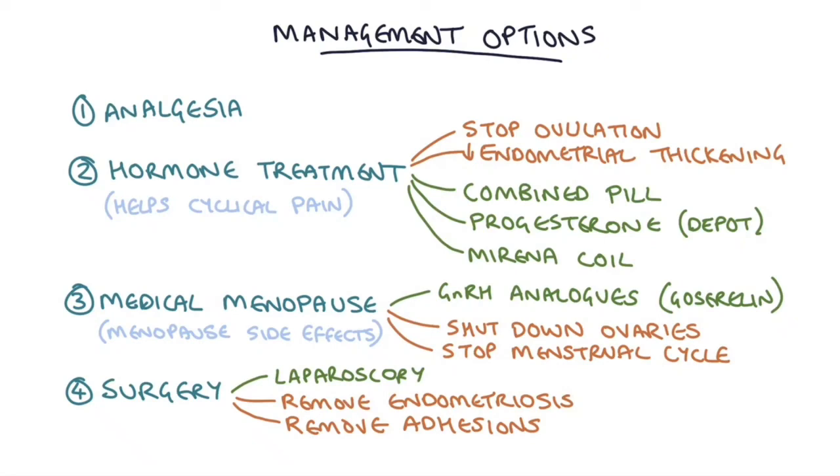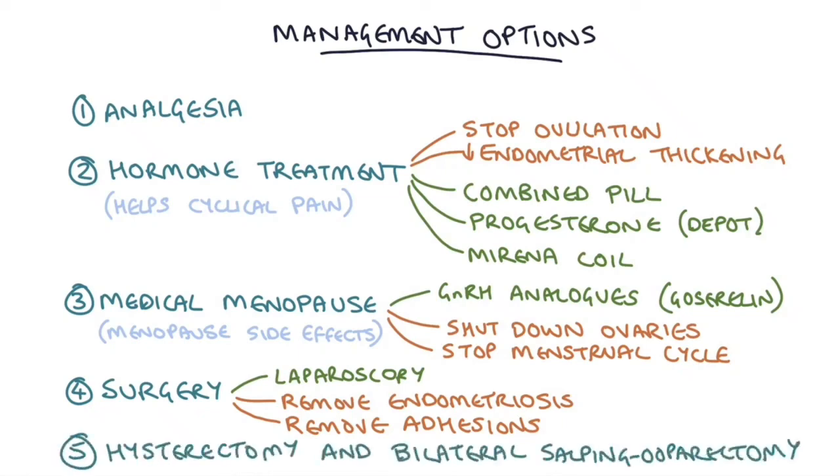And really the final step that can be used to try and treat women who are having really severe endometriosis that's not responding to any other treatments would be to do a hysterectomy and what we call a bilateral salpingo-oophorectomy, where we take out the ovaries and tubes as well.